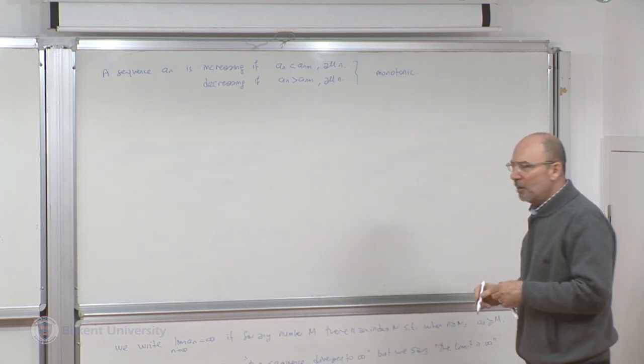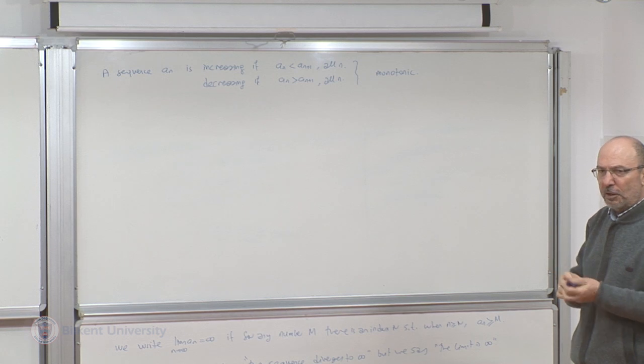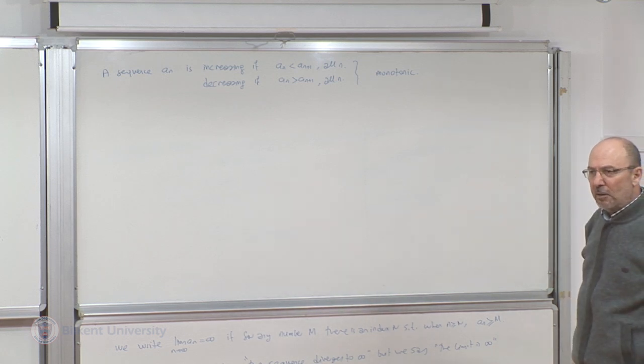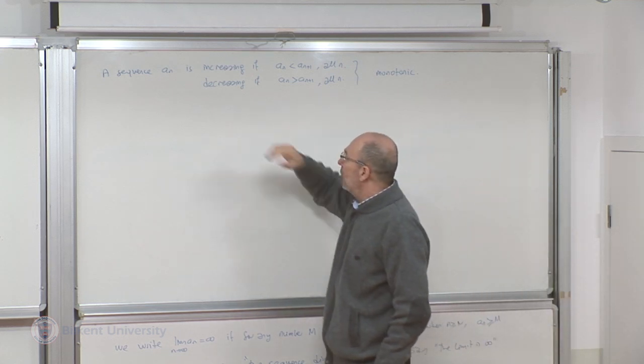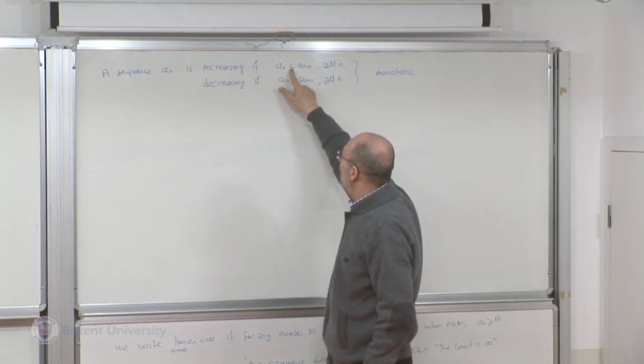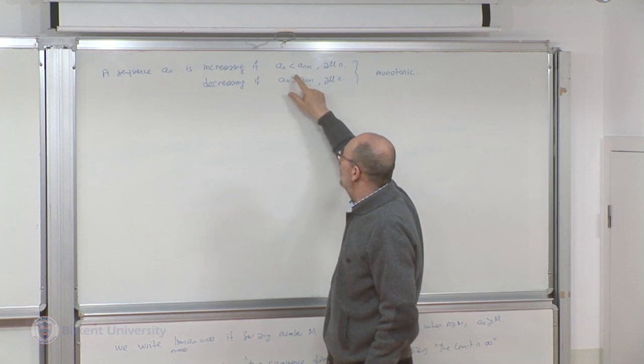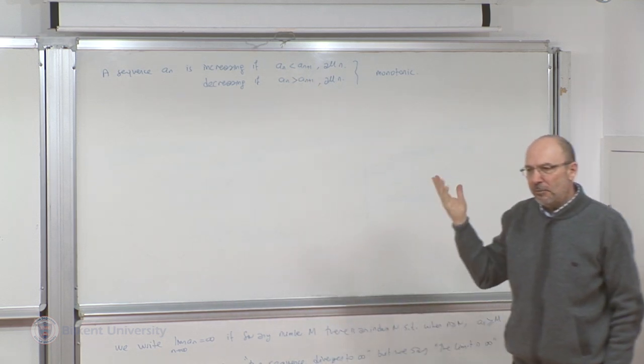Now, if you want to refer to other books, you will see that these definitions are not universal. Sometimes when we say increasing, you allow these things to be equal.